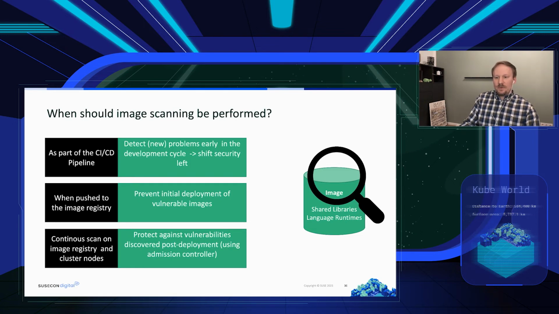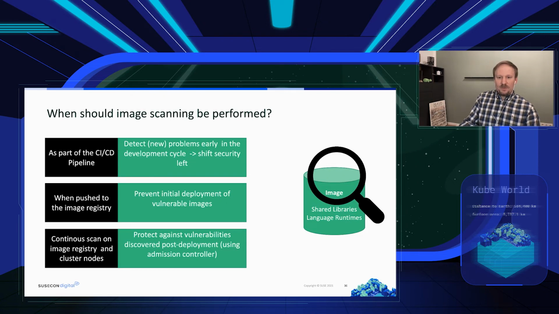So when should you apply image scanning? Obviously, you can't do it often enough. It should start at the CI/CD pipeline. So this just implements best practice on the developer application team side. Refuse images that fail your scans. They should not be released. And then finally, you can scan images when they enter the registry to make sure that at least while the images are on the registry, you don't have any ones containing CVEs.